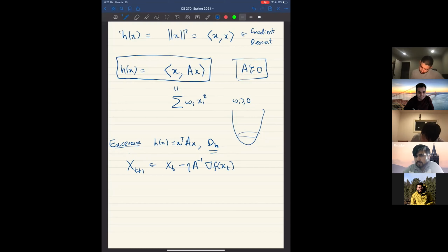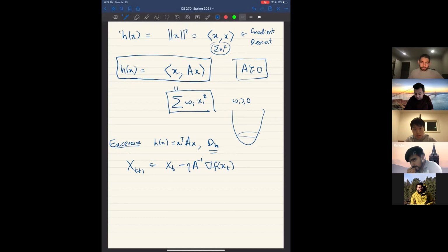So, I guess the only thing I want to emphasize here is what happens if you change your penalty. You change your penalty from summation xi squared, which was your original penalty for moving away from the function.